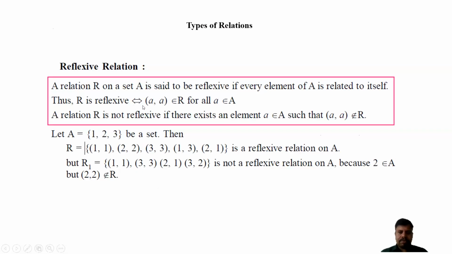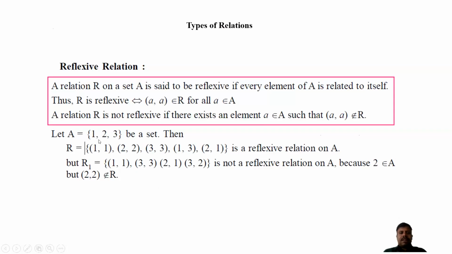That is, R is reflexive if (a, a) belongs to R for all a belonging to A. A relation R is not reflexive if there exists an element a in A such that (a, a) does not belong to R. For example, consider the set A = {1, 2, 3}. Consider the relation R = {(1,1), (2,2), (3,3), (1,3), (2,1)}, which is a reflexive relation on A.